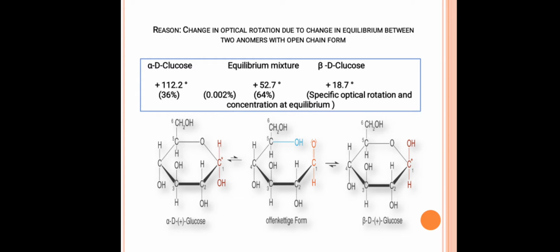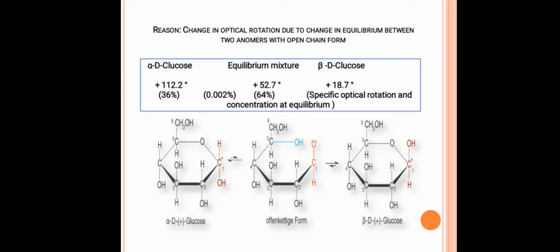Next, what is the reason behind this? In order to understand this concept, we should know the anomers. Glucose exhibits two forms, alpha D glucopyranose and beta D glucopyranose, and these two forms are interconvertible in aqueous solution through the open chain aldehyde form.